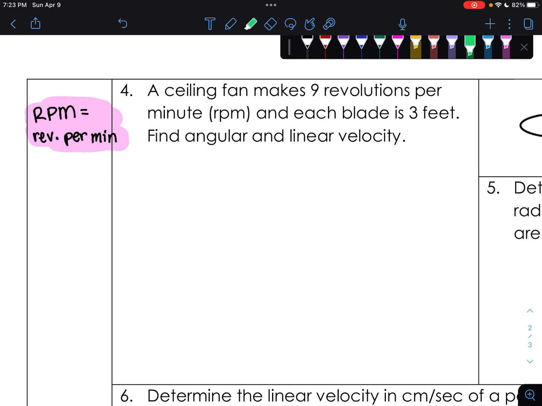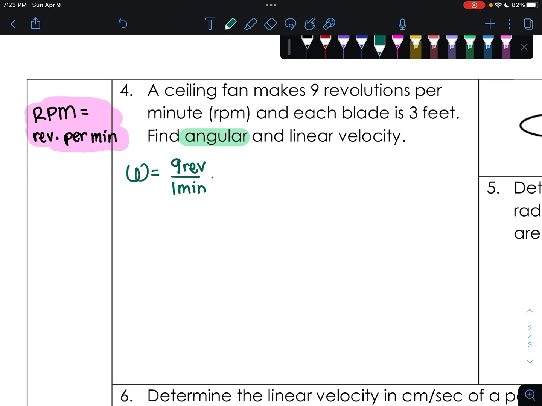So angular velocity, I'm going to do in green. The angular velocity formula is omega equals theta over time. So it's making 9 revolutions per every 1 minute. So I have my revolutions over my time, but I want it to be in radians over minutes.